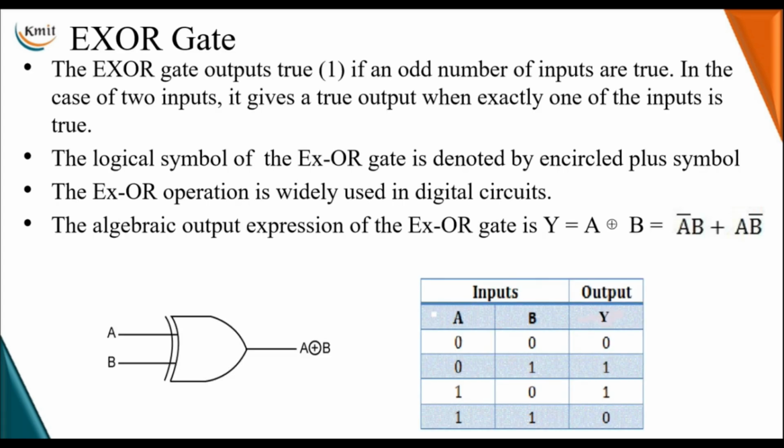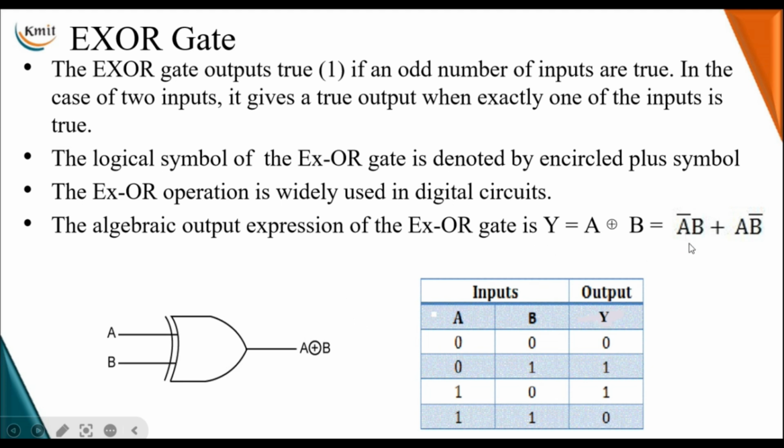The XOR gate logical symbol is mentioned here, and the logical operator used is a plus symbol which is encircled. The Boolean expression is represented as A bar B OR A B bar. The logic behind XOR is that for dissimilar input combinations it gives logical 1, and for similar input combinations it gives logical 0.